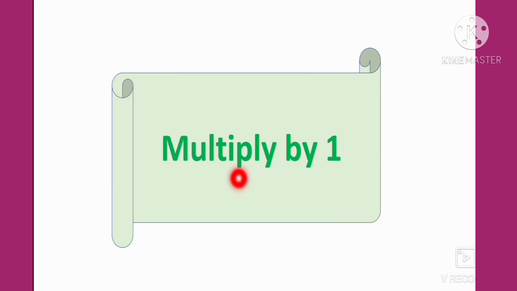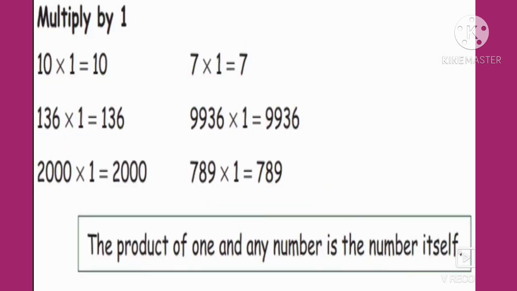Multiply by 1. So children, listen carefully. When you multiply the number with 1, you get the same number. So the product of 1 and any number is the number itself, isn't it?